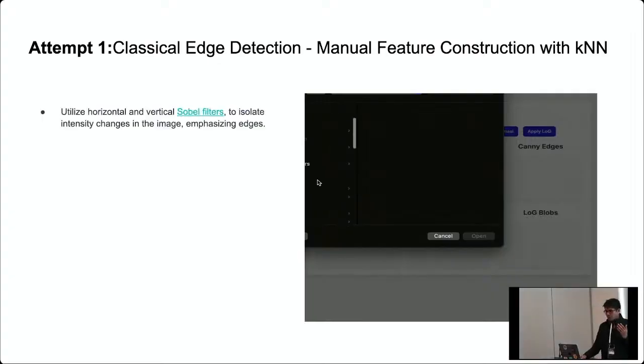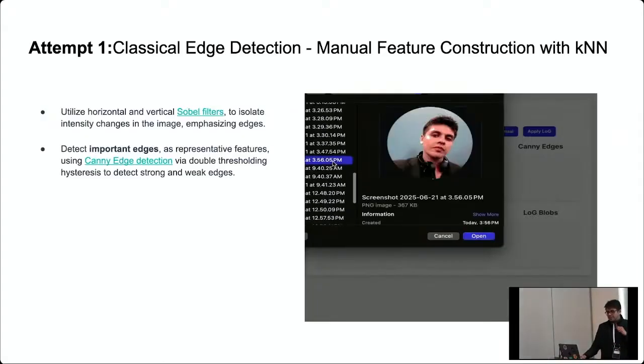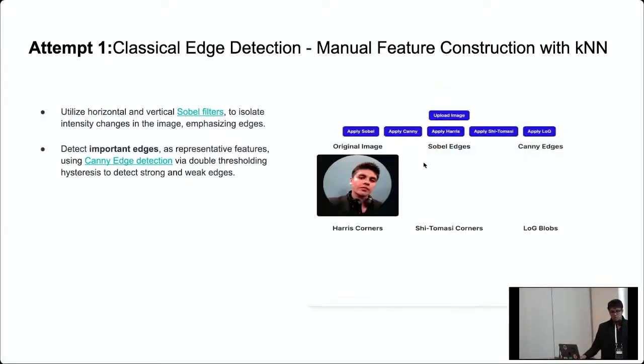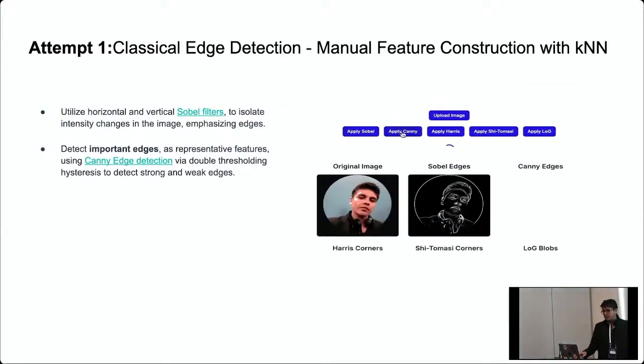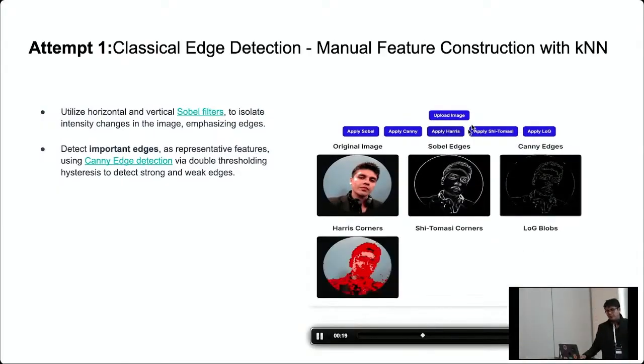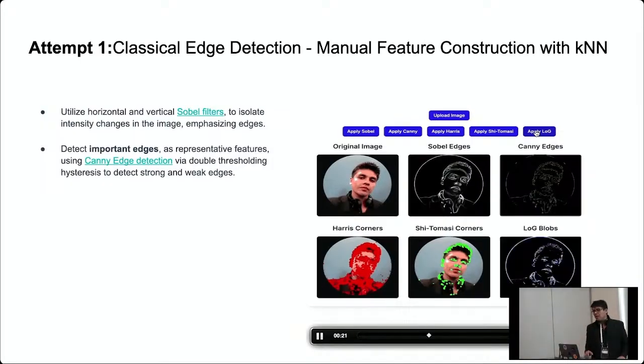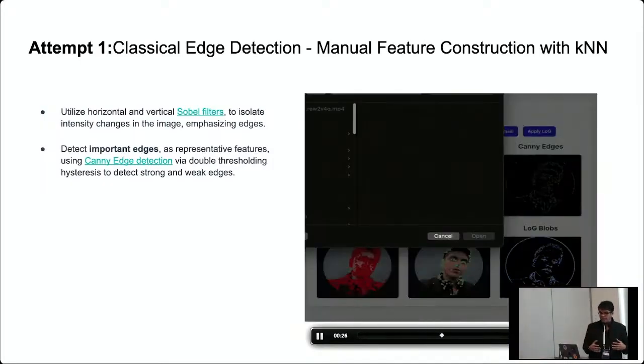So start off with classical edge detection. I built a classical edge detection filter system on the right to demonstrate what that looks like for those not familiar. But classical edge detection is specifically around thresholds and looking at boundaries of images to find what could be good features or feature spaces for an algorithm to track, to be like, okay, this is a letter or this is a different kind of image.